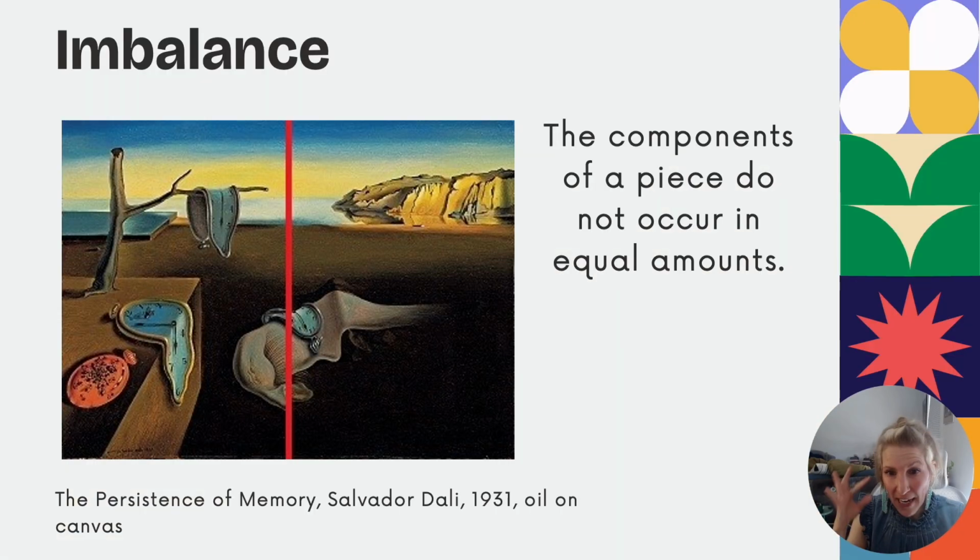And then there is intentional imbalance that artists can employ. And this imbalance occurs when the components of a piece do not occur in equal amounts. A composition that is imbalanced with greater emphasis on one side may do so for the dramatic effect of either movement or of an unfolding narrative.